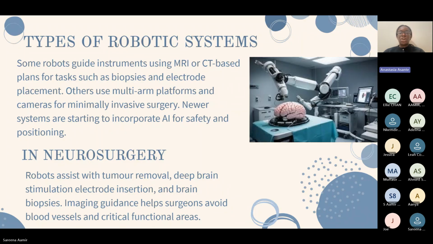Then there are also newer systems that are starting to incorporate AI for safety and positioning. Specifically for neurosurgery, we have robots that assist with tumor removals, deep brain stimulation electrode insertions, and brain biopsies. We also have imaging guidance, which helps surgeons avoid blood vessels in critical functional areas.